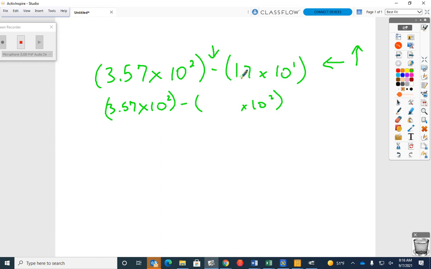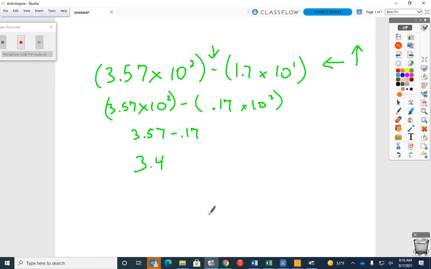So what does 1.7 become if I move the decimal one place left? 0.17. Now I have 3.57, but what's the sign between the two? Subtraction. So I say 3.57 minus 0.17. If you do that, what do you get?